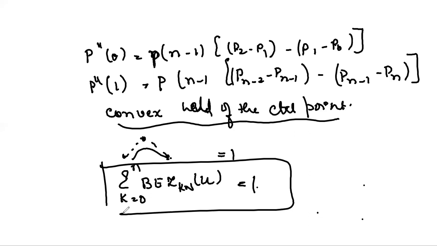Basically, it's the weighted sum of the control points. The convex hull property of the Bezier curve ensures that the polynomial smoothly follows the control points without any erratic oscillation. Now there are some design techniques which can be used with the Bezier curves.